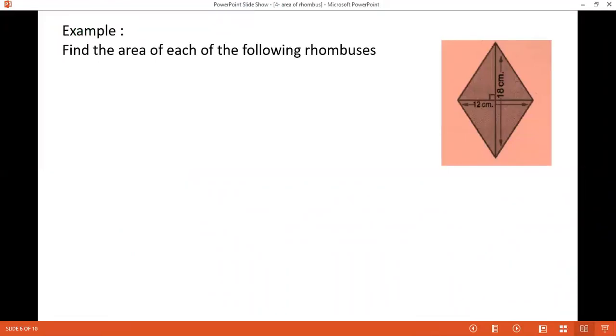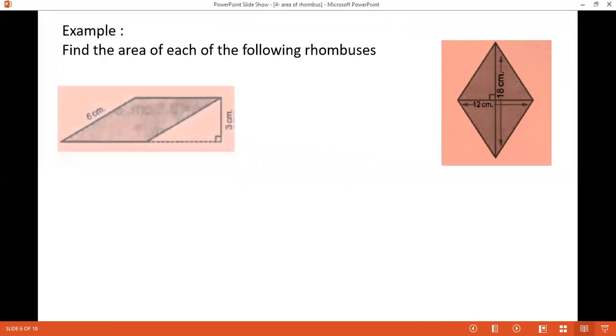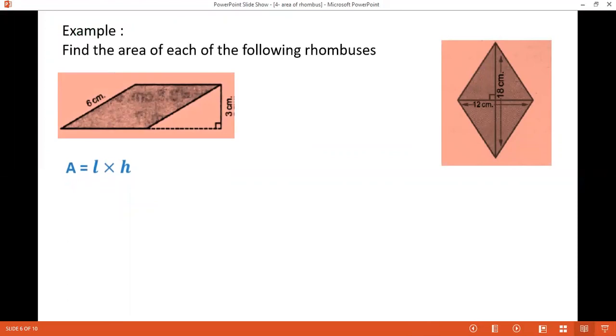Find the area of each of the following. This is a rhombus. I have two diagonals here, one 18 centimeters and the other 12 centimeters. So the rule is half by D1 by D2. What about this one? I have 6 centimeters as side length and 3 centimeters as height.